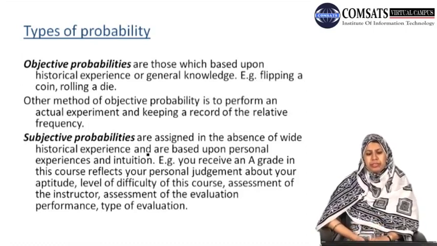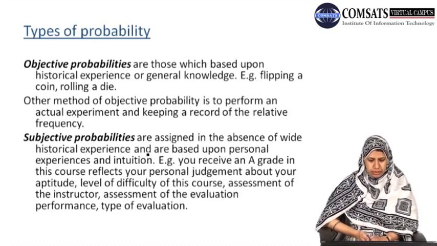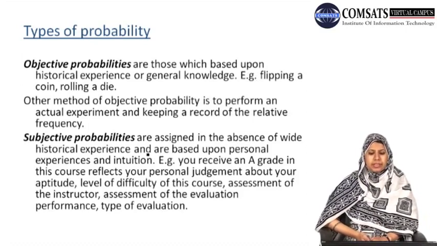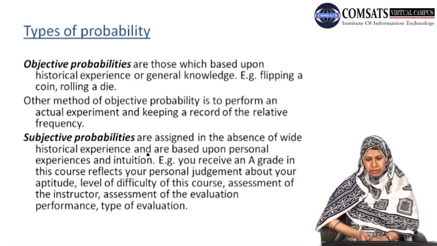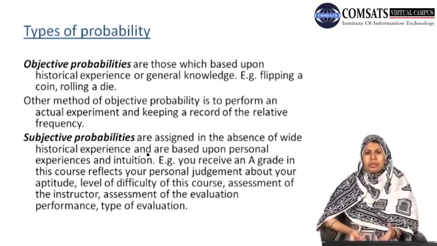Contrary to this objective probability, the second type is the subjective probability. These probabilities are assigned in the absence of wide historical experience and are based upon personal experiences and intuition. That is, what we feel or think about the possibility of that particular outcome.